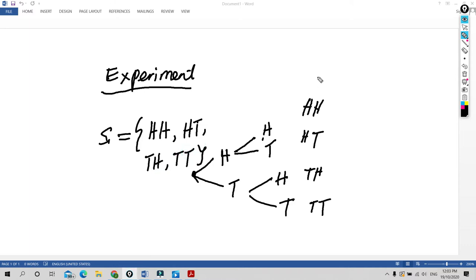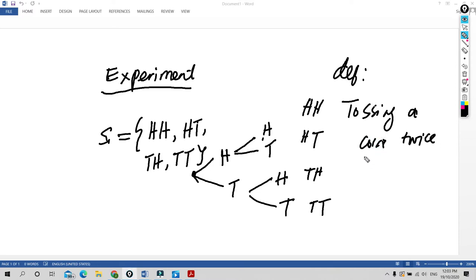Okay. So let's say I define my definition here. My definition is tossing a coin twice. So I want to have the result of getting the outcome, which is getting a head.